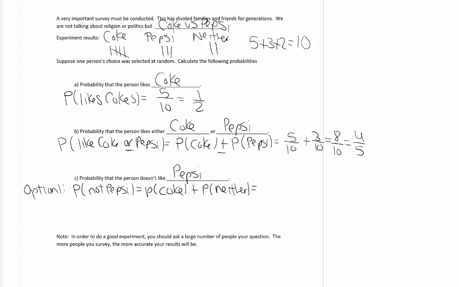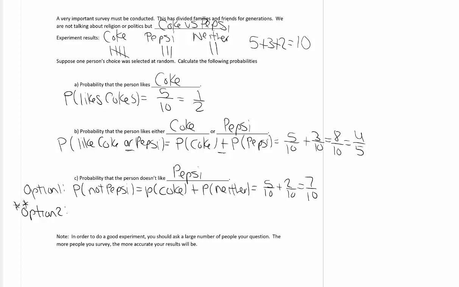If I did that and add them together, that's 5/10 plus 2/10, and that's 7/10. This is fine when there's not a lot of other options that need to be thought about. But option 2 would be the recommendation I would do moving forward.